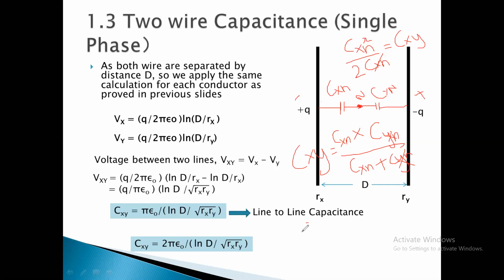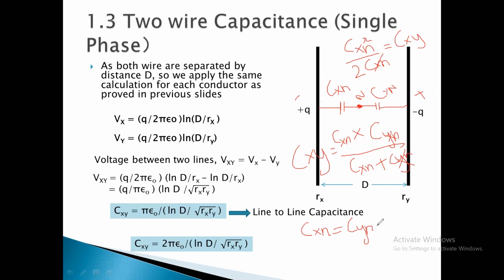Okay, so what I got from this proof is that CXN is equal to CYN, as I explained before, because the distance is the same, the voltage at this point will be 0. We will consider it neutral. So the distance is the same, the charge is the same, but on opposite sides.